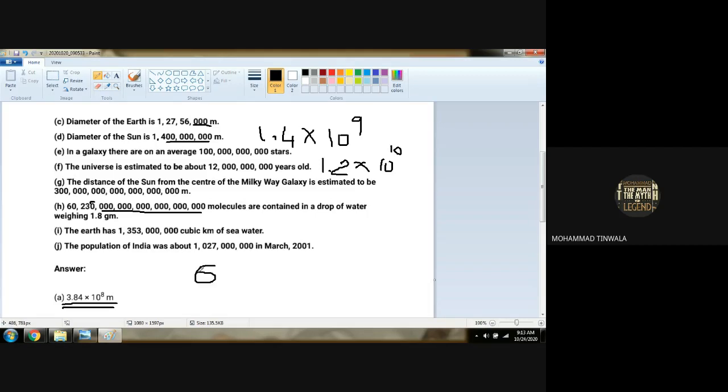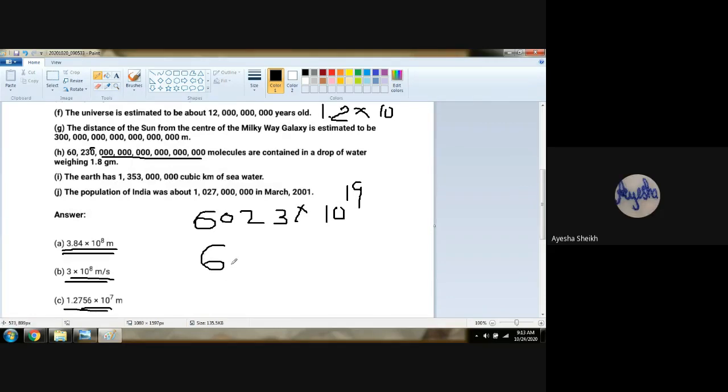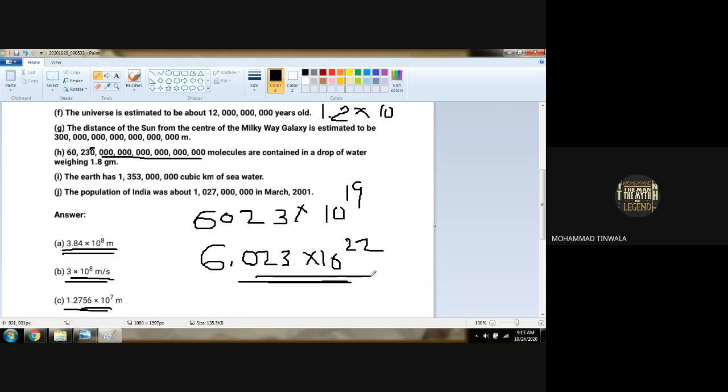So 6, 0, 2, 3 multiplied by 10 raised to 19. In standard form, after 6 there will be a decimal. So can I say 10 raised to 22? 6.023 multiplied by 10 raised to 22.